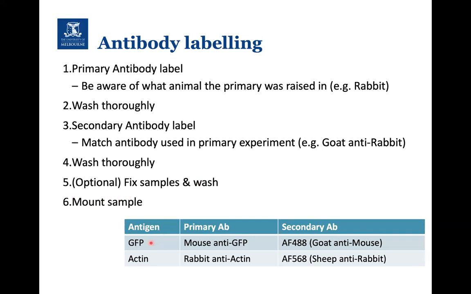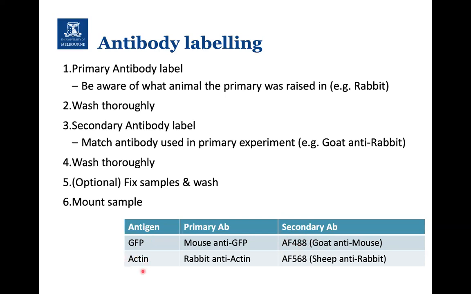In our example down the bottom here, our first antigen is a green fluorescent protein. Our primary antibody is a mouse anti-GFP, so it's recognizing the GFP molecule, and it was raised in mouse. Our secondary antibody is a goat anti-mouse, so it's recognizing the anti-mouse antibody, but it was raised in goat itself, and it's been conjugated with an Alexa Fluor 488 fluorophore.